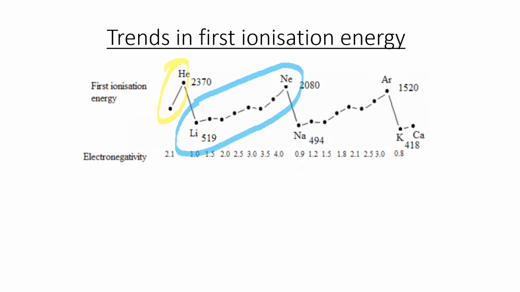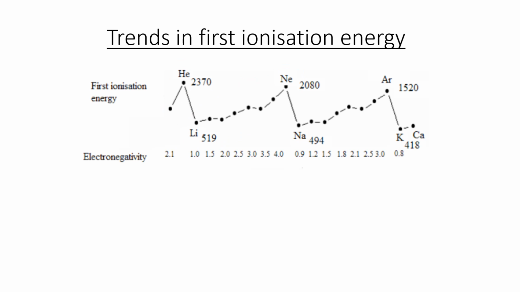So the nucleus is becoming more and more positively charged, and therefore it has a stronger pull on the electrons, and the electrons are not much further away from the nucleus. The radius is roughly the same as you go across, so therefore the nucleus has a stronger pull on the electrons, making it harder for them to be removed.